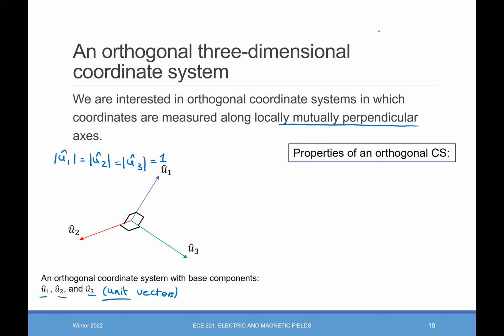So for example, when we say vector A is perpendicular to vector B, if you remember, that means that the dot product of these 2 vectors is going to be 0. That also means B dot A is also 0. So I hope you remember this.